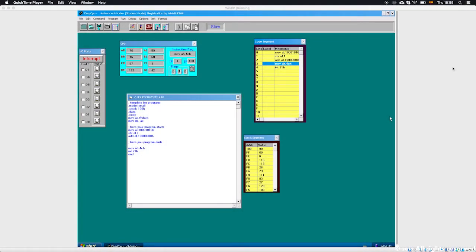Hi. Following the previous video about negative numbers, I decided to continue with learning how to improve the operations over negative numbers. If we look at what we had last time, we tried to divide minus 128 by 2.